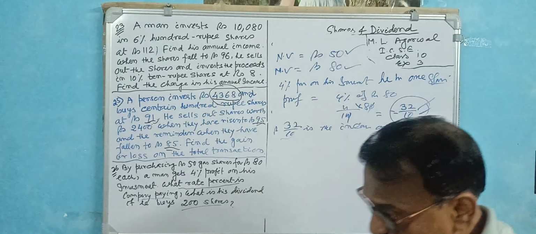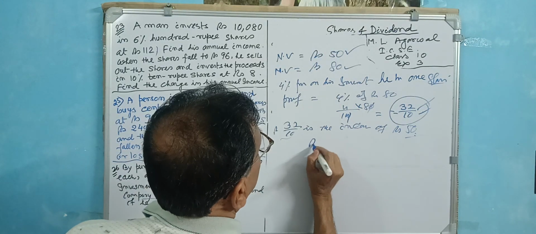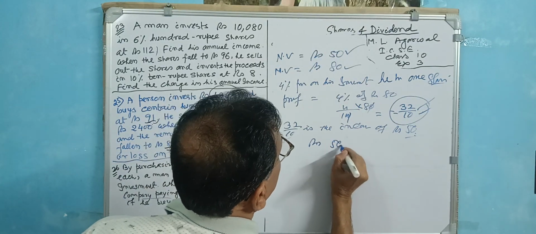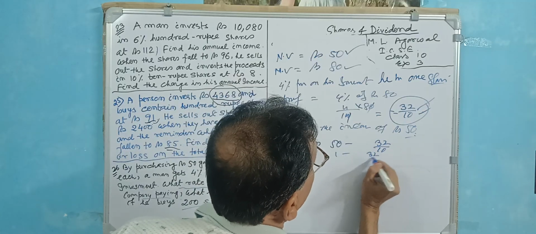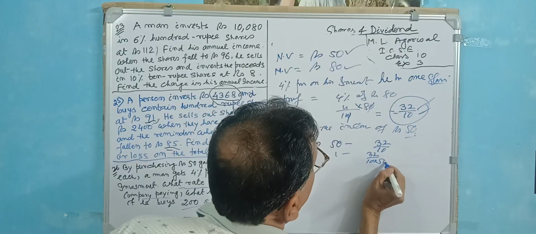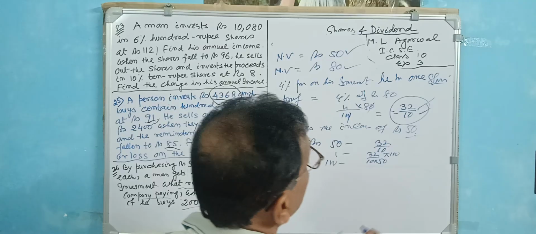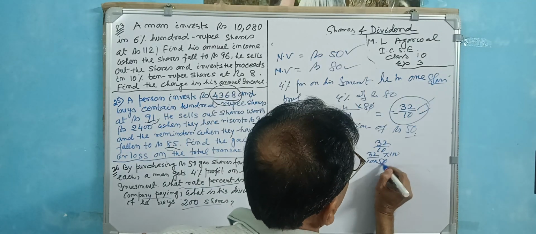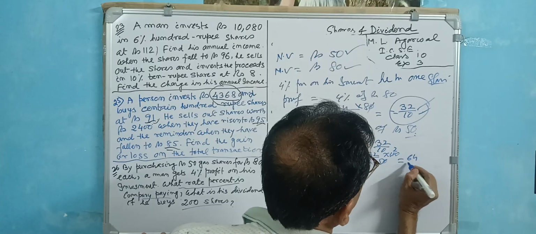So out of 100, you collect 32 by 10 out of 50, and out of 100 the dividend percent is what you calculate. This is 64 by 10.